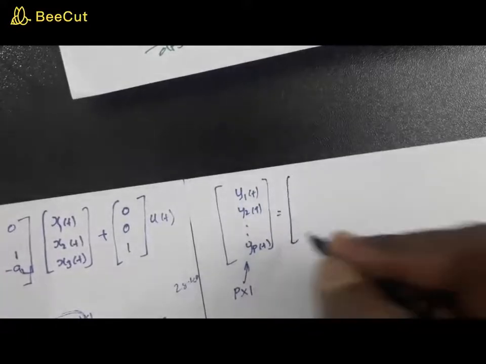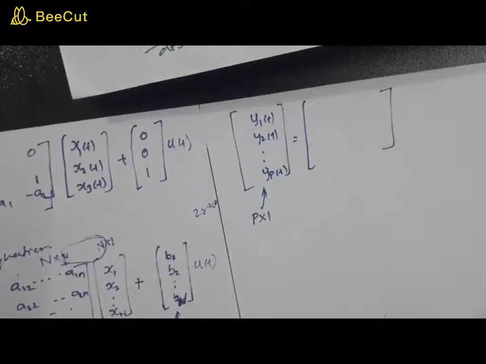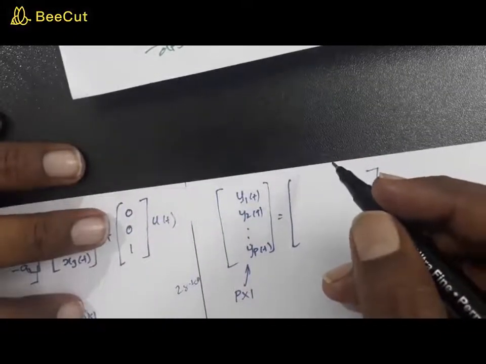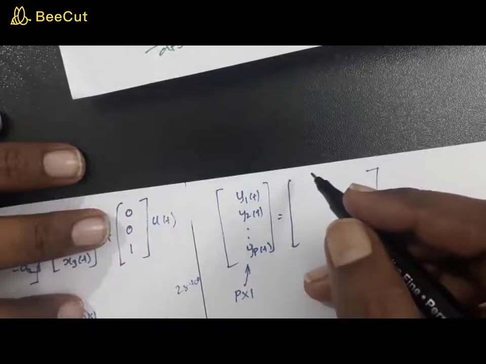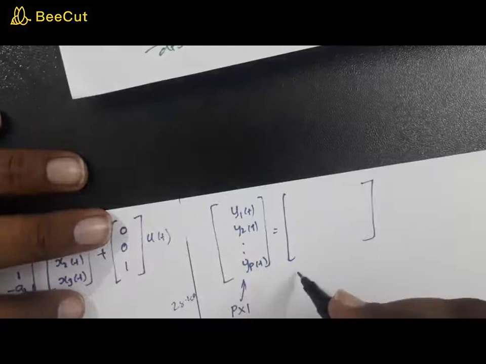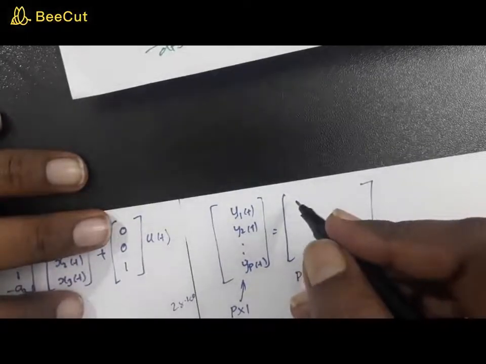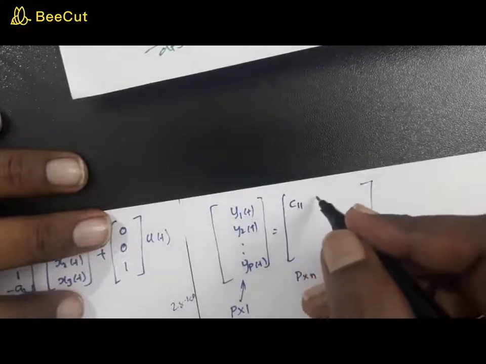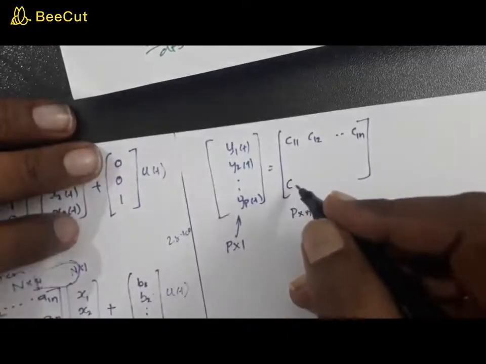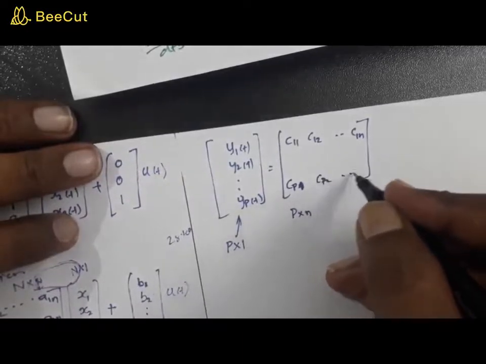This is equal to a p into n matrix, starting from c11, c12 up to c1n, and cp1, cp2 up to cpn.